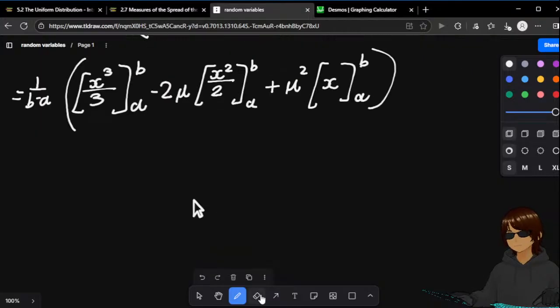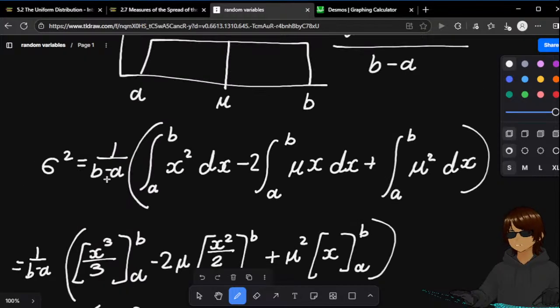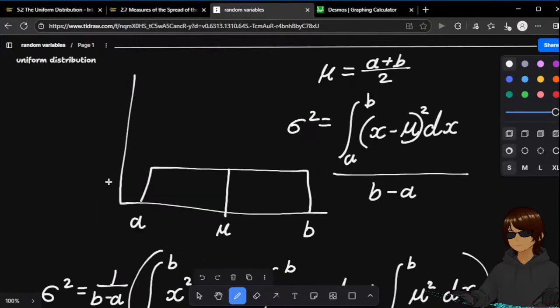What is that? So we have b cubed. Is this even right? Or did I make it more complicated?